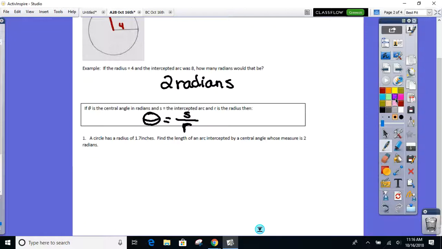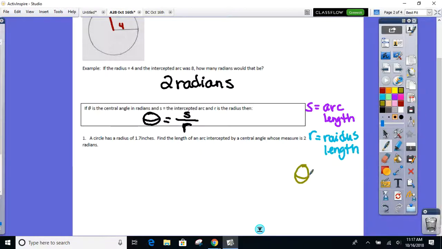Here are the different pieces, everyone. It's up here as well. You can read through it, but I want to write it out as well. S is the arc length. R will be your radius length. And the other piece that's new to you is theta.